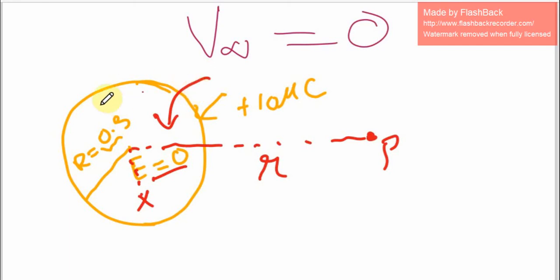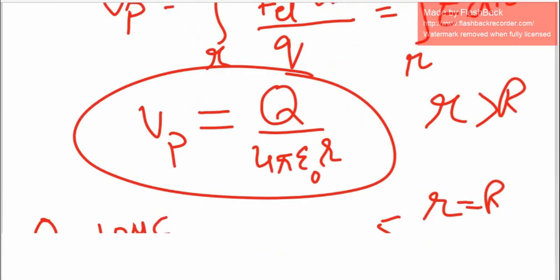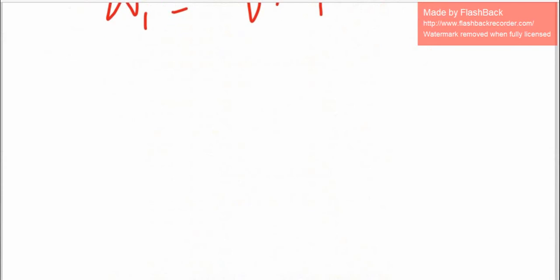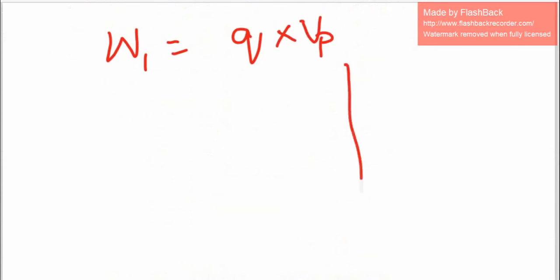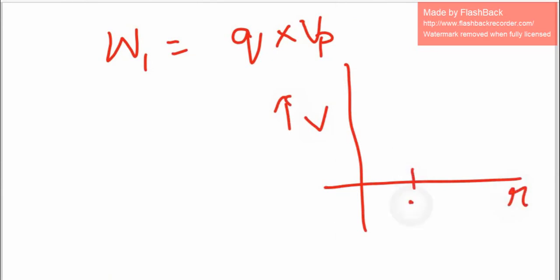So for this special case, I could make a graph of electric potential versus distance r. This is the radius of the sphere. The potential inside the sphere until the surface of the sphere is the same, say 300 kilovolt.